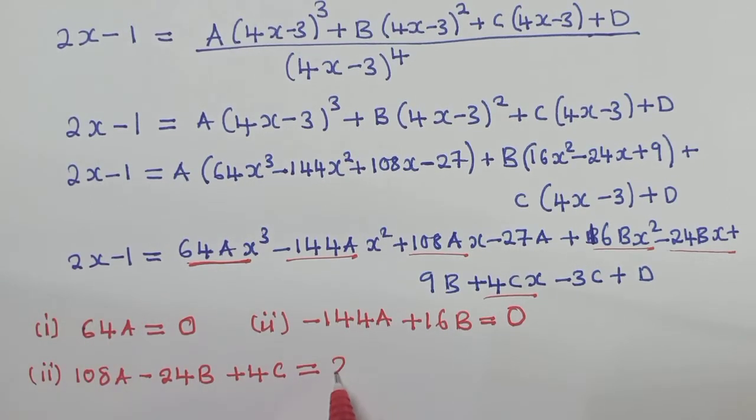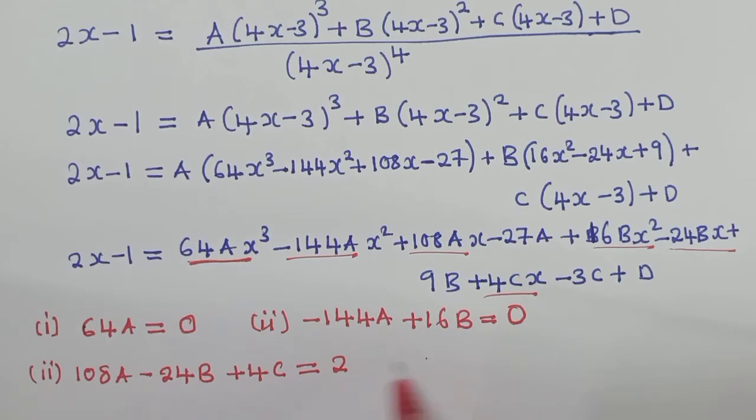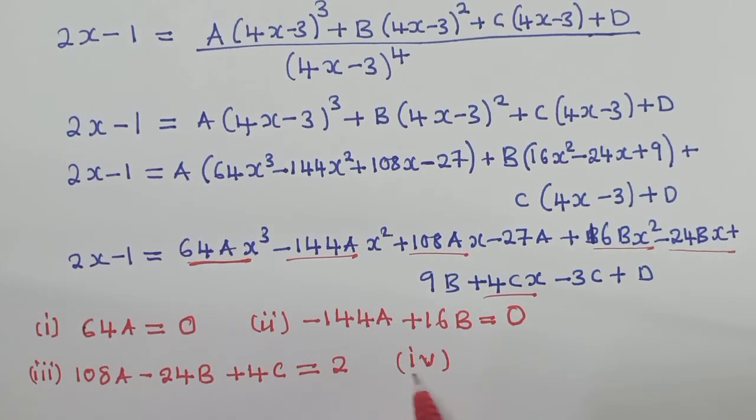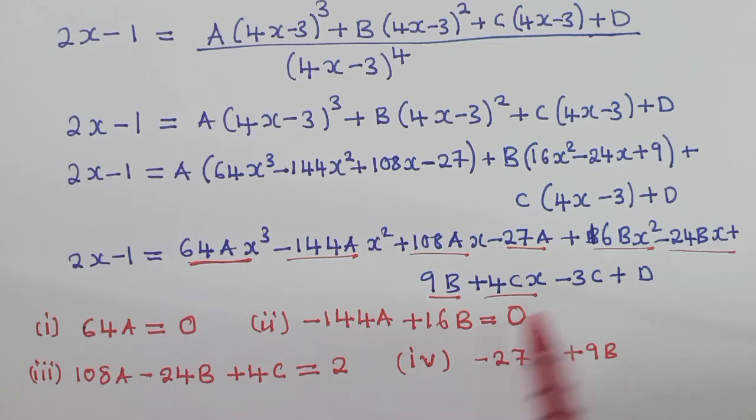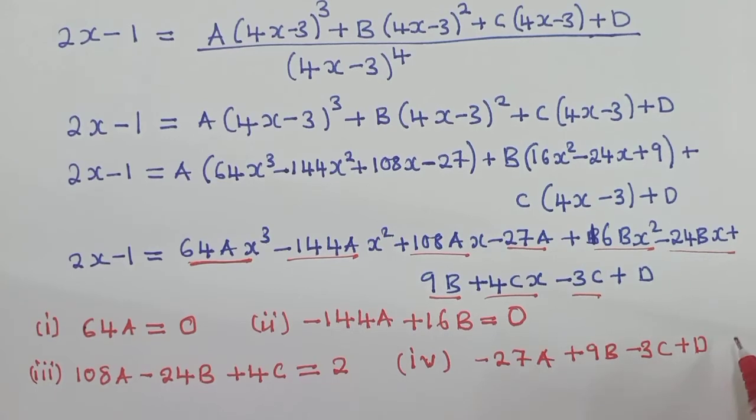Yes, there is a 2, so we say equal to 2. So this is 3 actually. So we go to 4. So 4 without x, anything without x, we have got it: negative 27a plus 9b minus 3c plus d there.